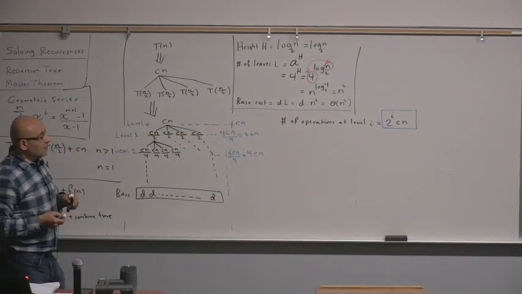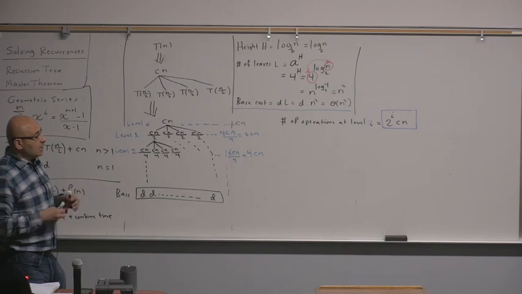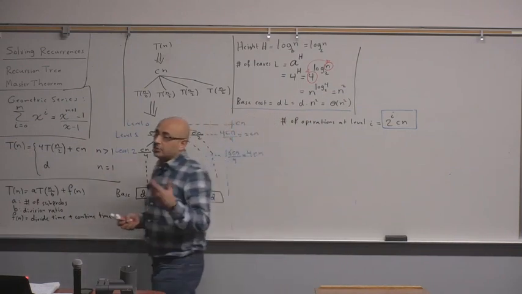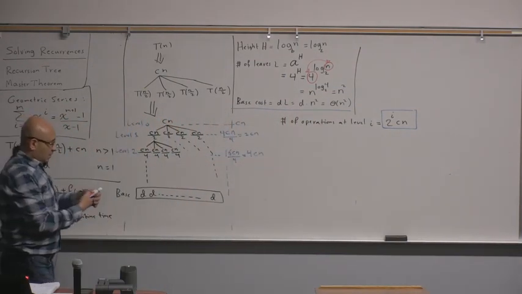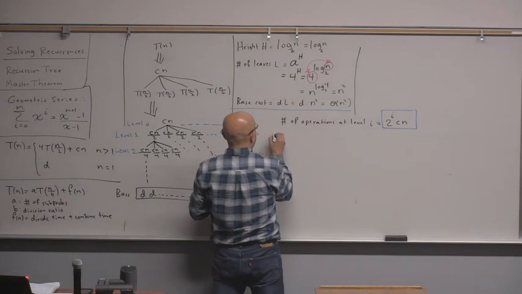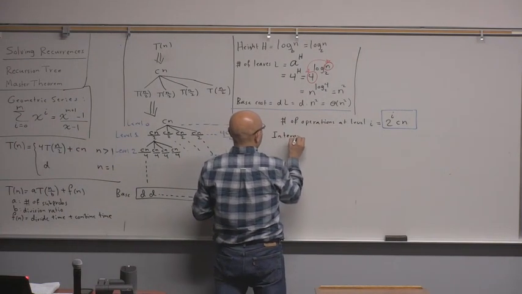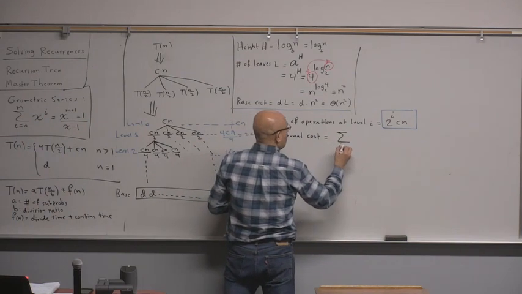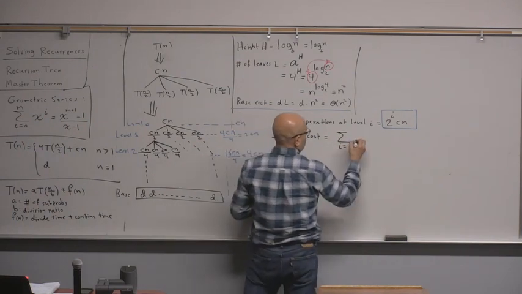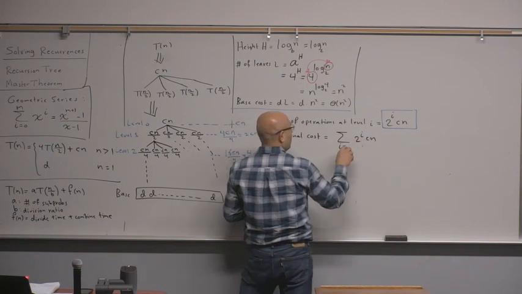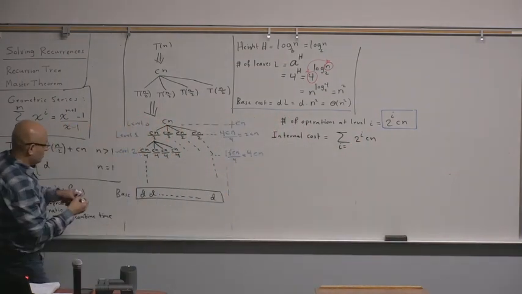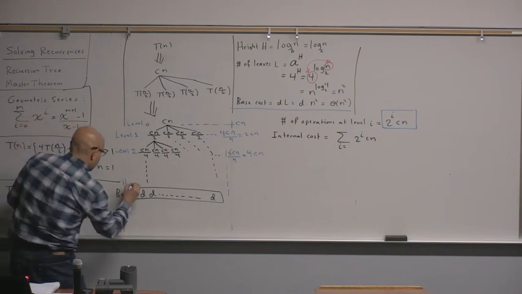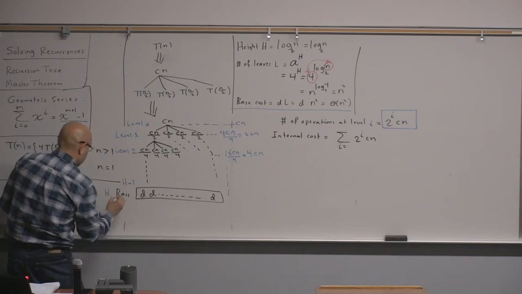Now, once we write this formula, it will be a matter of doing the summation. So now the internal cost is equal to the sum of 2 power i Cn, where i goes from 0 to h minus 1, since this is level h.